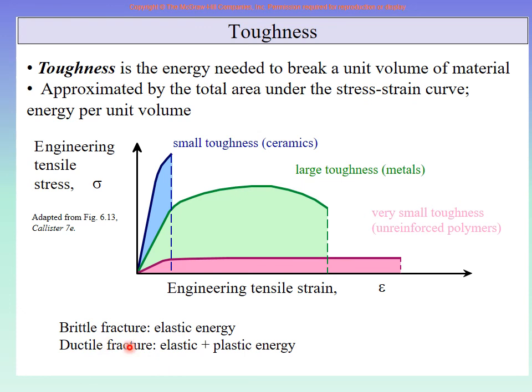But if the material is ductile, there will be the elastic plus the plastic region. So if green is the material, if I draw a straight line here and take the area, this is the resilience. And from here to here, it is the remaining one. So resilience is the energy of the elastic region, the rest is the plastic region. If I add them, then the complete is called the toughness of the material. Okay.